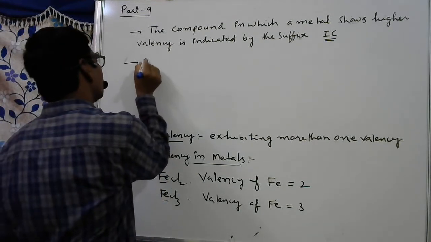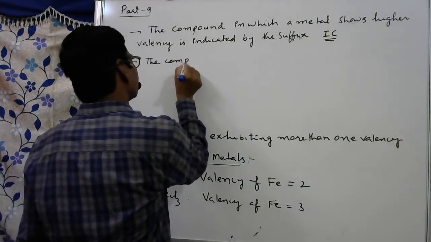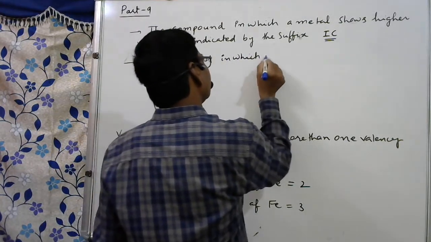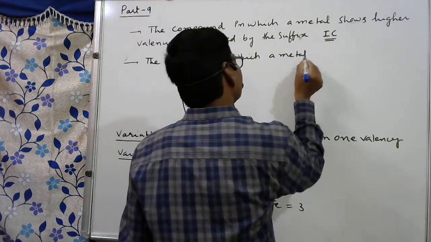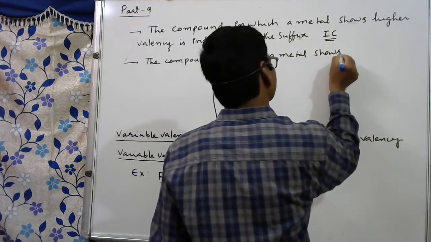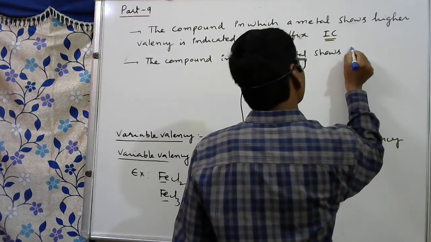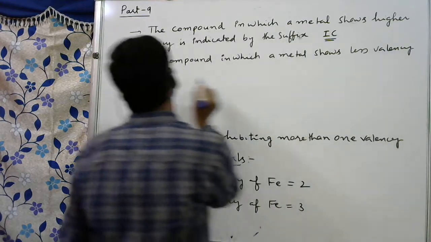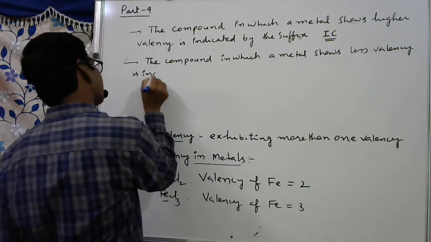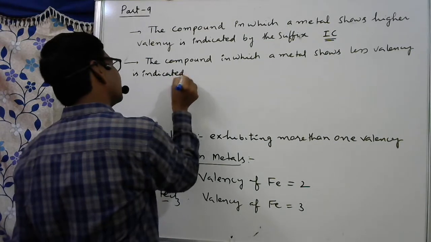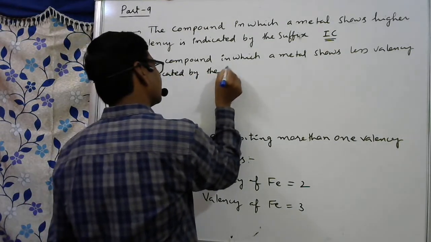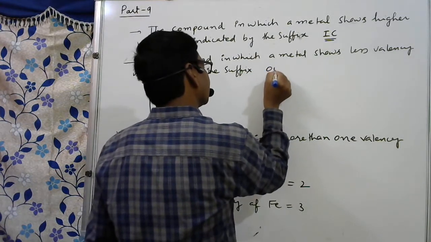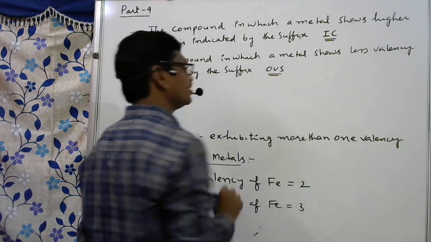Similarly, the compound in which a metal shows lesser valency is indicated by the suffix ous. So these you have to remember.